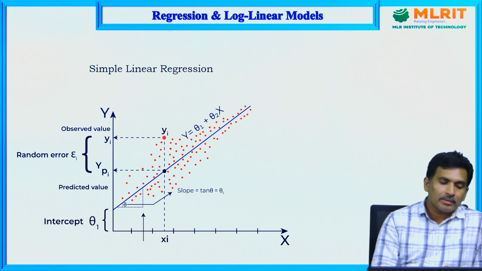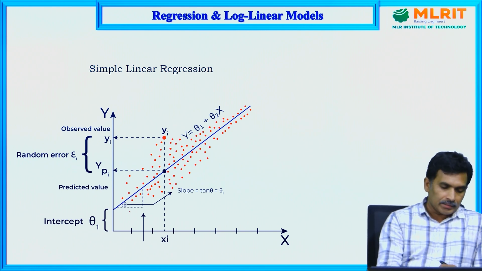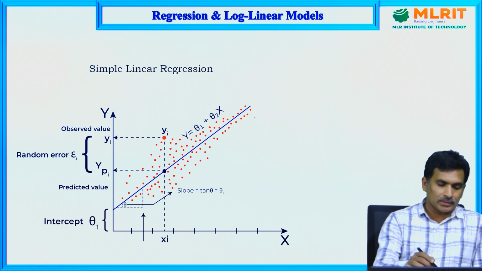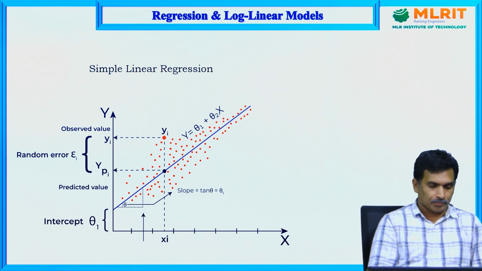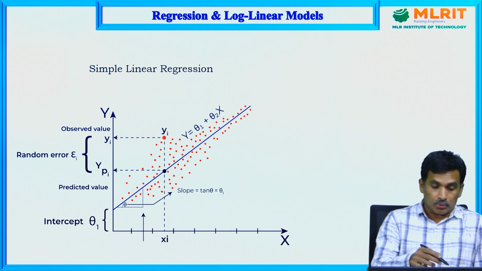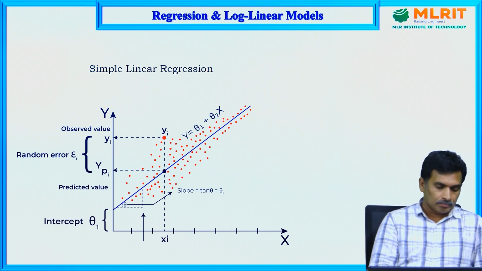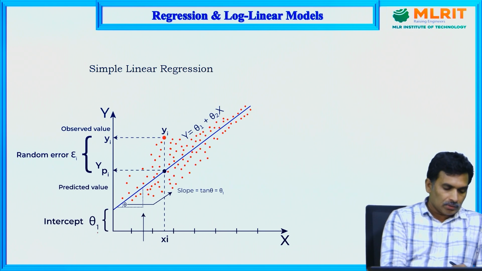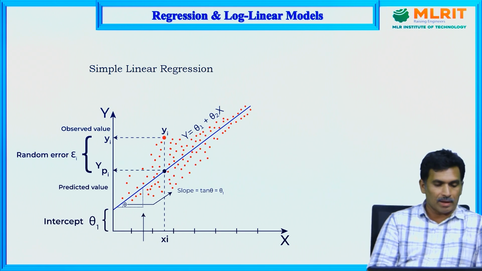If you look at the simple linear regression here, the red dots denote the data points plotted in 2-dimensional space, and there is an intercept term called theta 1, the predicted value, the random error, and the observed value.